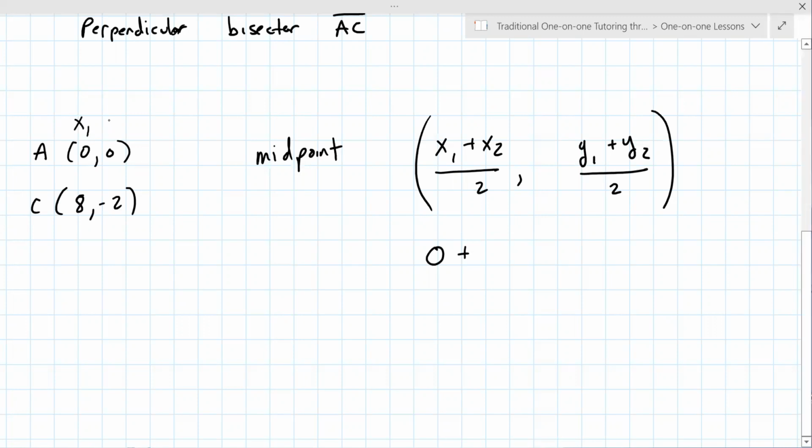Sorry, x comes before y. You're acting like you've never seen this before. Okay, what is y1? Y1 is 0, and y2 is -2.